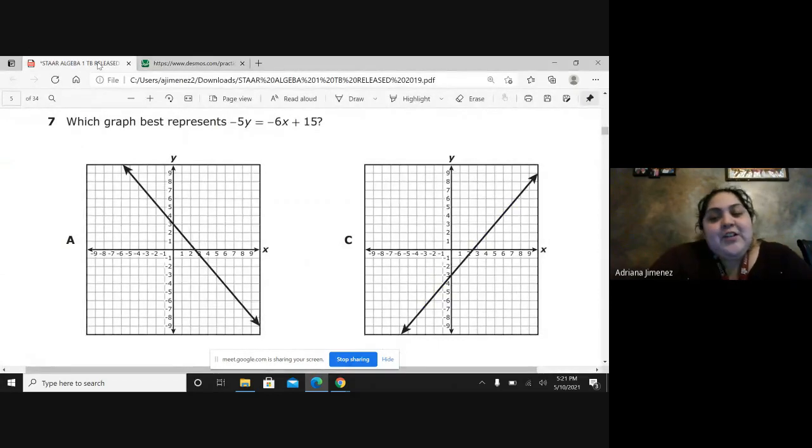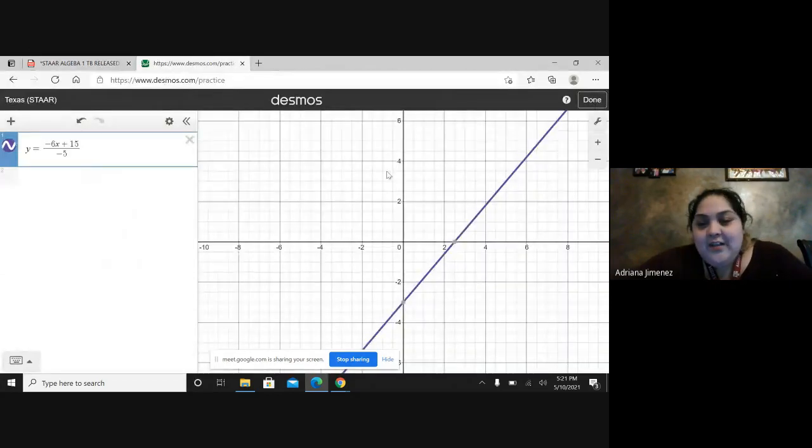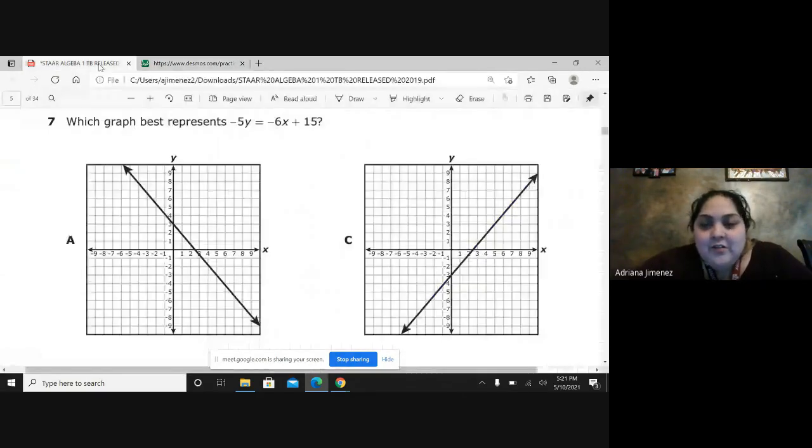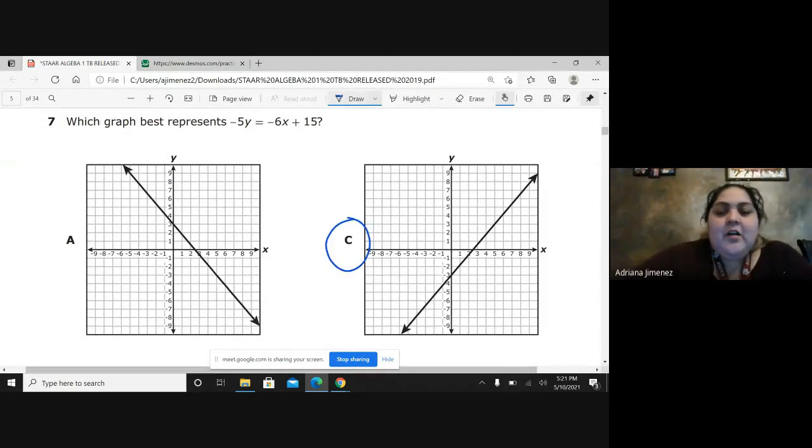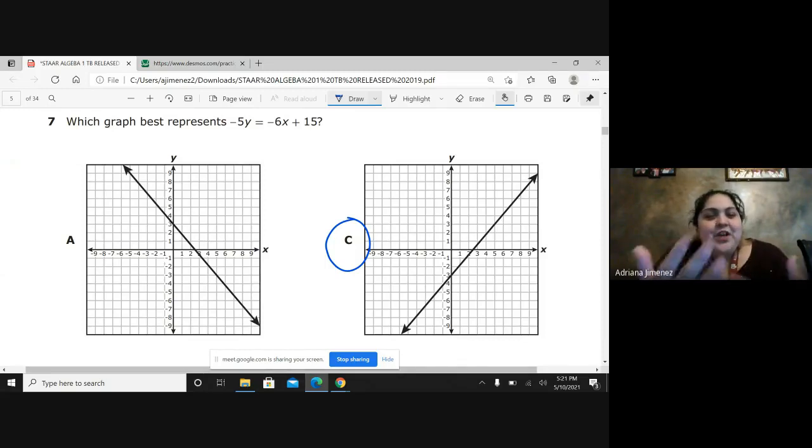This picture doesn't match it. And this dot is -3, and that's 2.5. So let's see. The answer would be this. So the first thing you want to do is graph it into Desmos to see if you get that little exclamation point. If you do, then you have to do an extra thing, which is to get the y by itself.